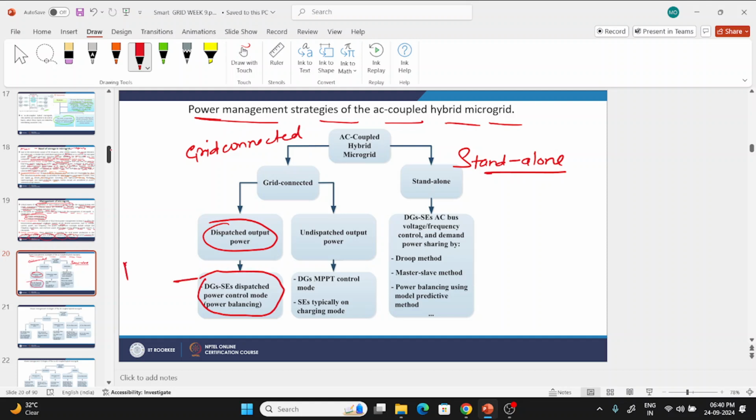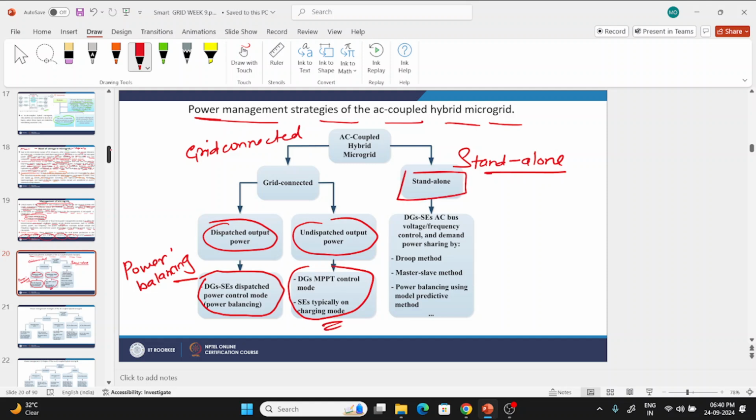It is being done through the power balancing mode. Then another is how much undispatched power there is. That is being done through MPPT control or SC type on the charging mode.